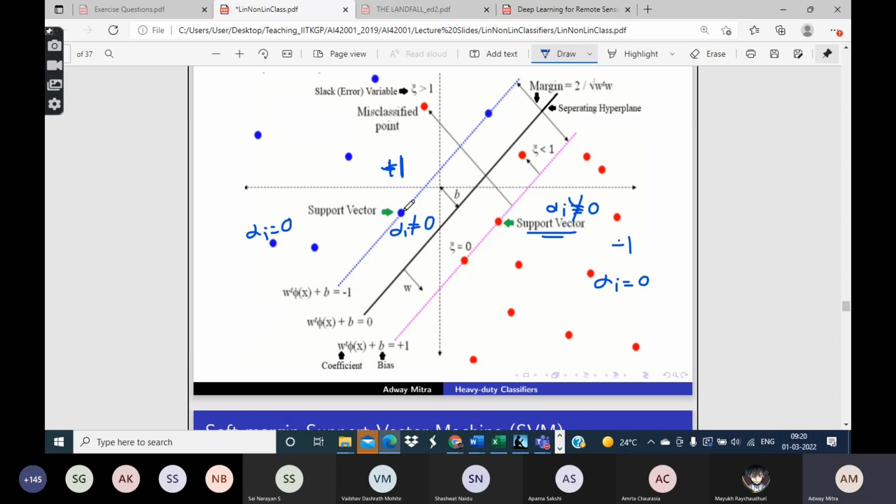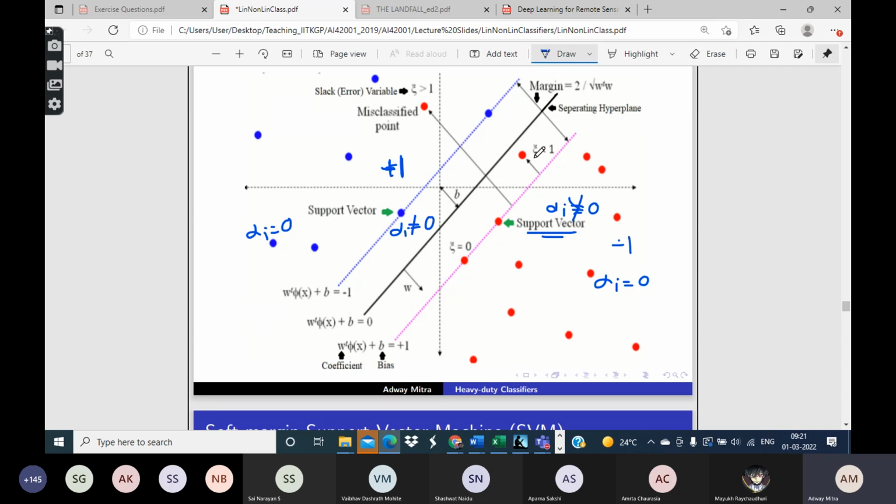These kinds of points are the support vectors, because the max margin classifier is really supported by these vectors. The support vectors are still correctly classified by this W which we are considering. They are on the correct side. About that, there is no doubt. But they are sitting on the marginal classifiers.